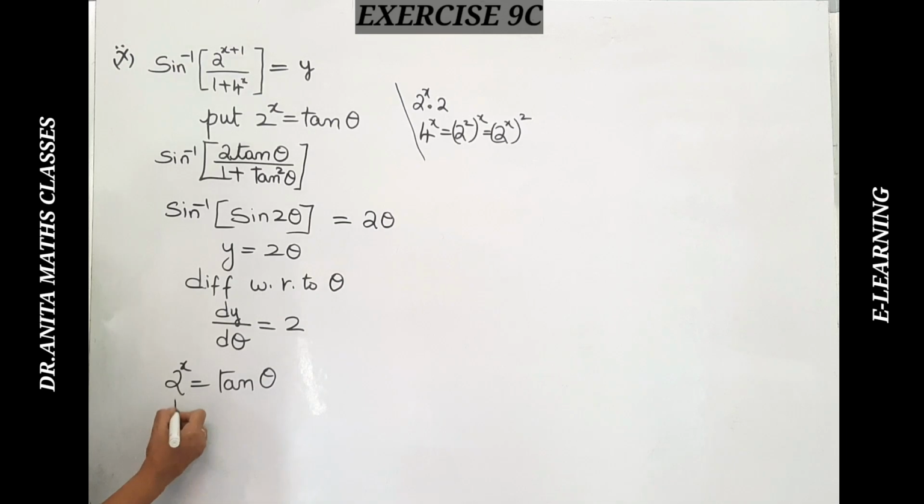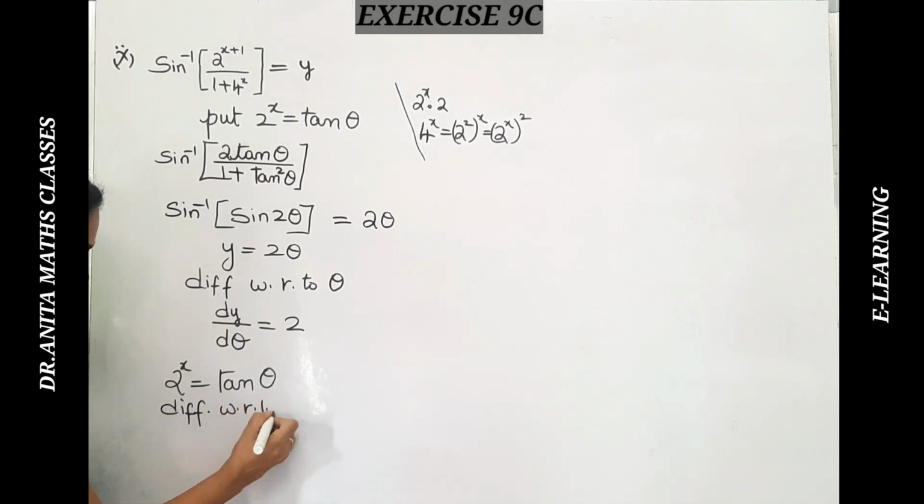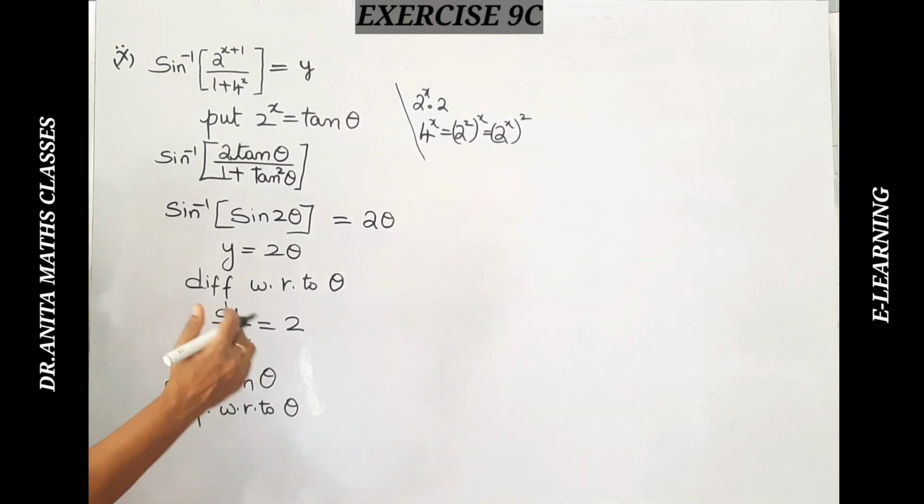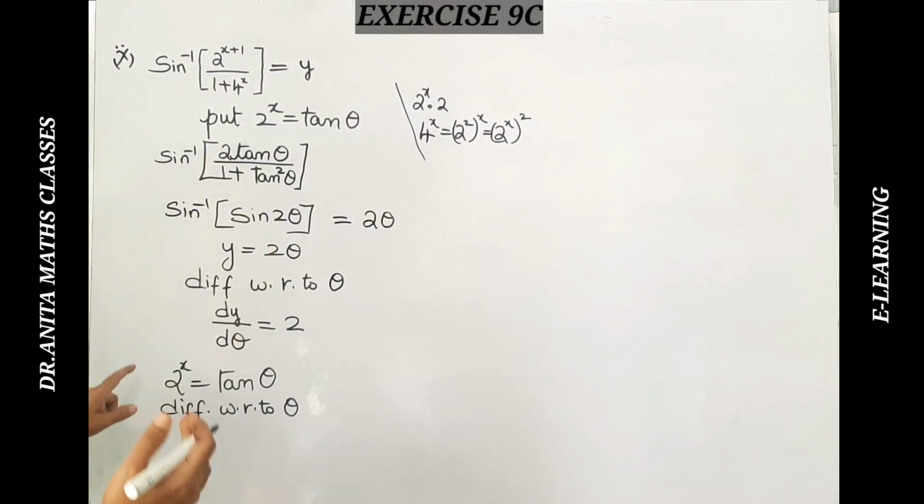I'll be doing the differentiation with respect to theta again, so that means dx by d theta I want. For a to the power of x, the standard rule of the derivative is a to the power of x log a.